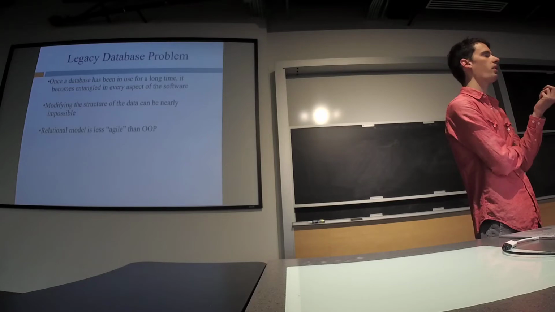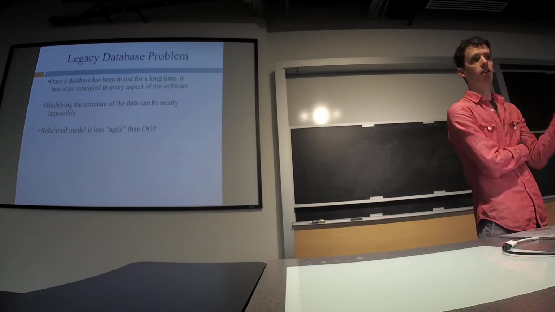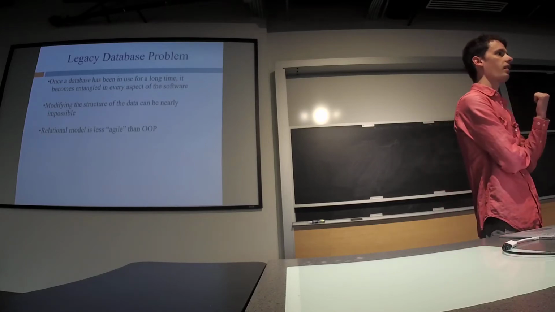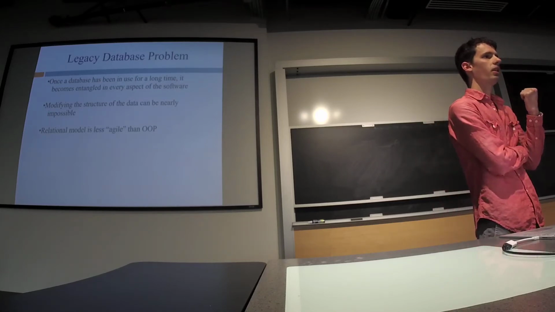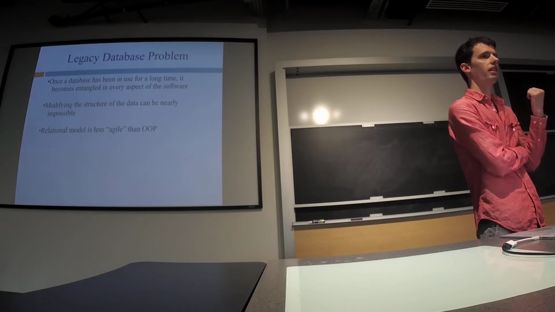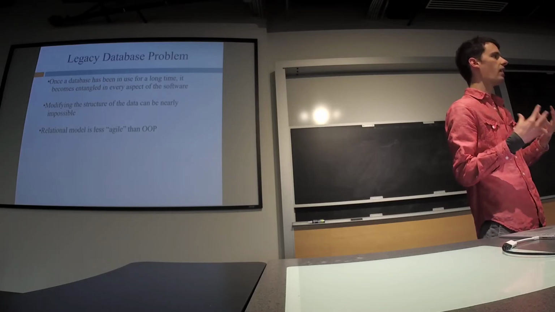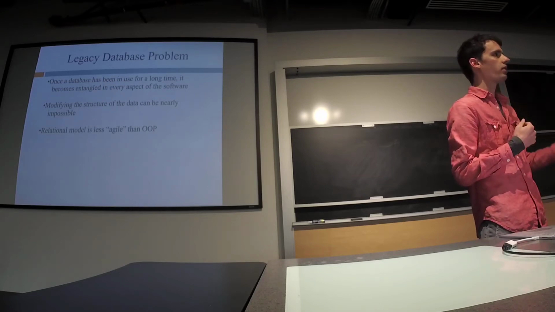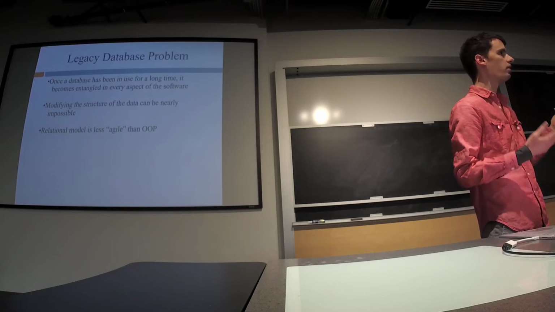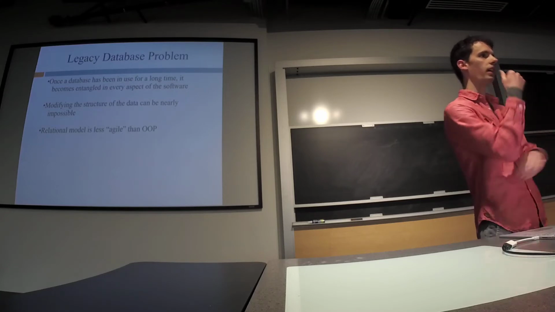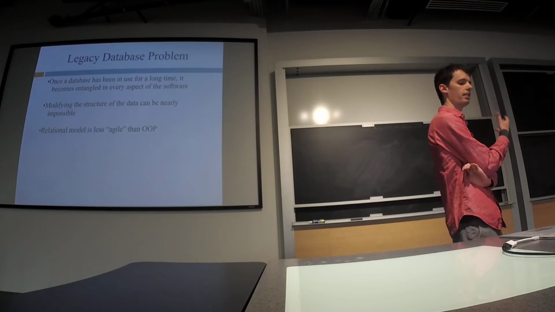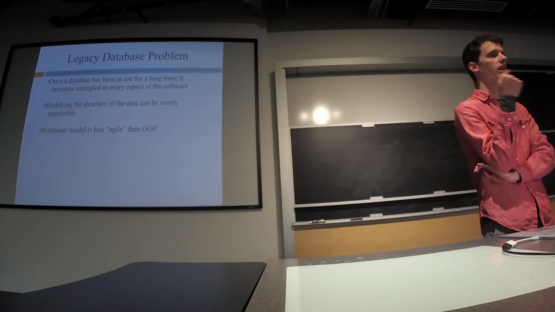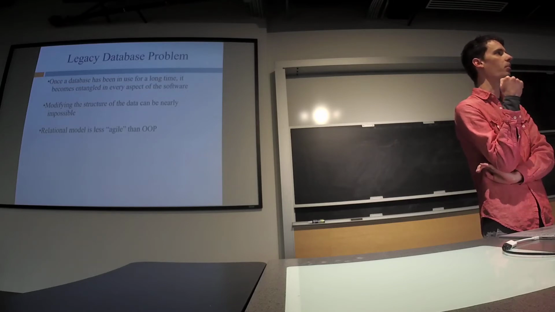If you started with a relational database and it's been in use for a very long time, the relational model is integrated with every single part of the software. So the JavaScript, the C#, the LINQ queries, whatever you're doing, all of that is pretty heavily tied to the legacy database.